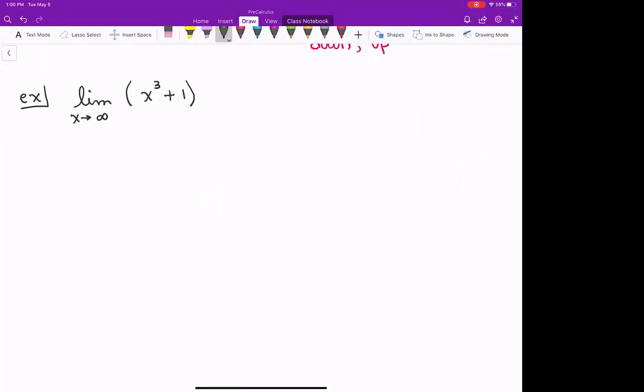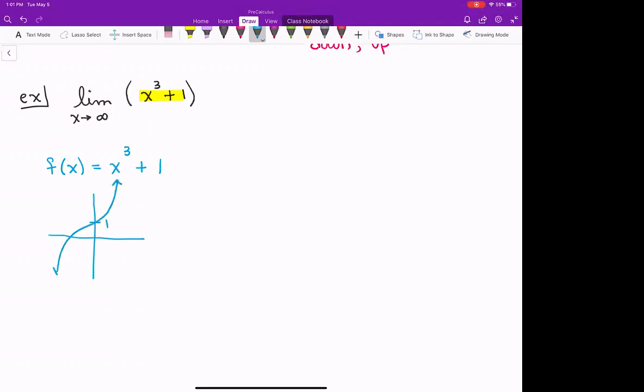Graphically speaking, if this is a function, f of x equals x cubed plus 1, it helps when you remember what your parent functions look like. My parent function would be a cubic function with a vertical shift up 1 unit. So it would look something like this.